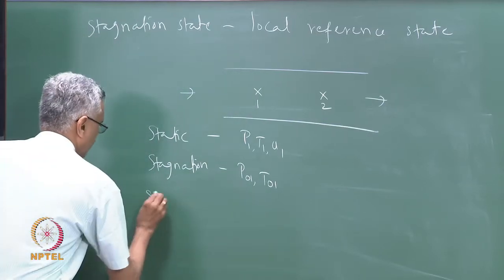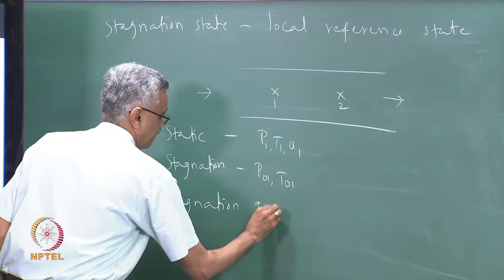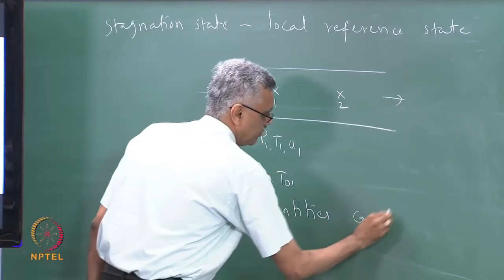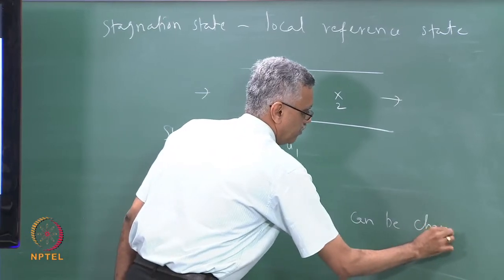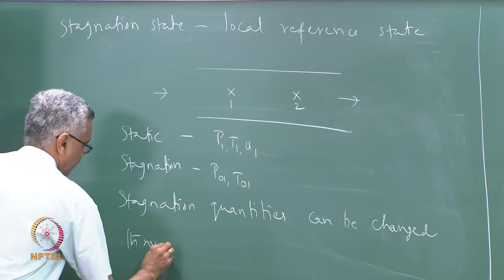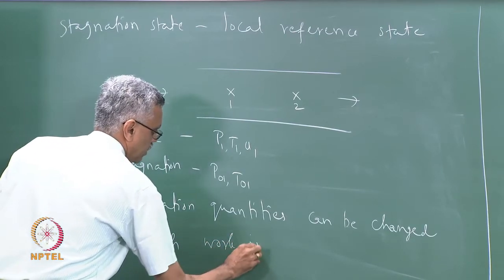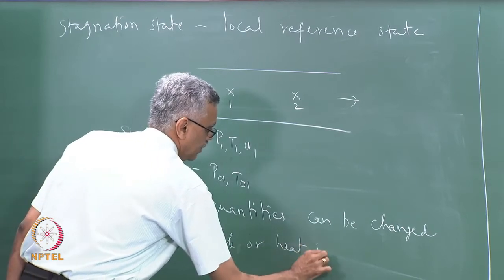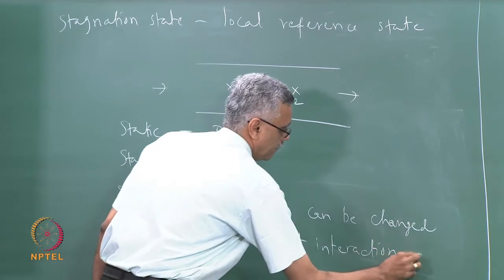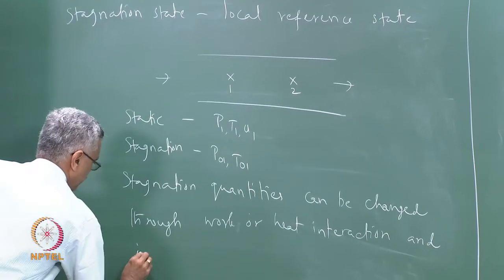So, stagnation quantities can be changed through work or heat interaction and irreversibilities in the flow.